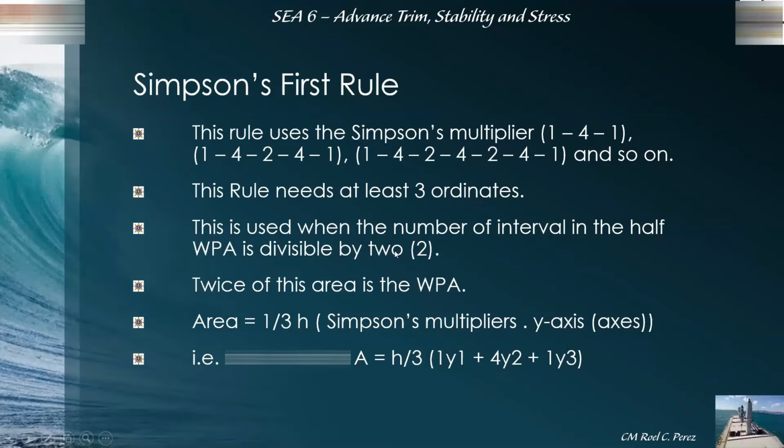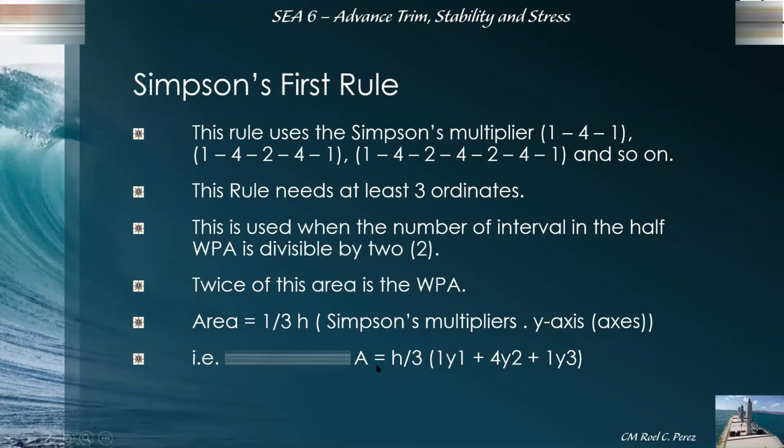So if you notice, the intervals should be divisible by 2, but the ordinates should be an odd number. So 3, 5, 7, 9, 11, and so on. Okay, so don't be confused by the intervals. Intervals are in between and the ordinates are the y-axis. Okay, that is, so i.e. means that is.